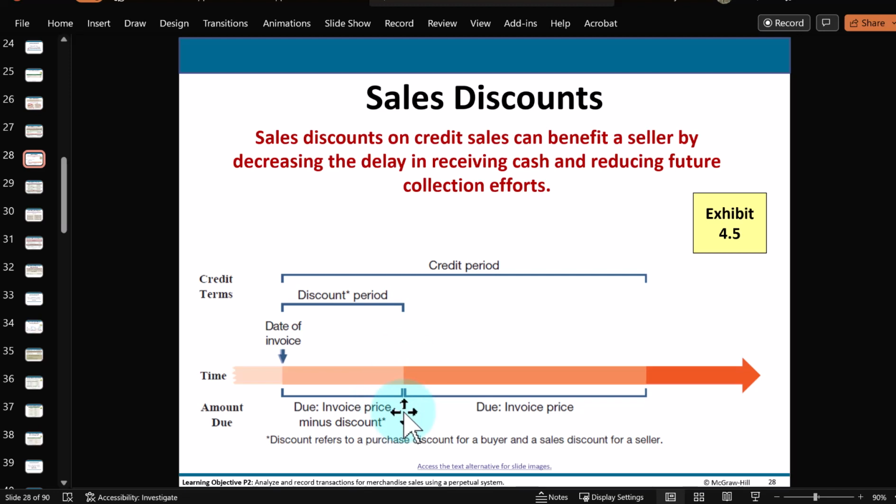From the viewpoint of the seller, a discount is a sales discount. From the viewpoint of the buyer, that same discount we learned in the previous video was called a purchase discount. So we make the sale here, be it collected at the regular due date or collected earlier at the end of the discount period.